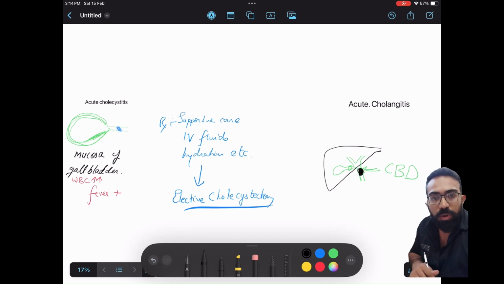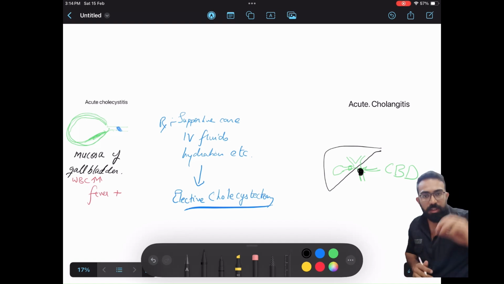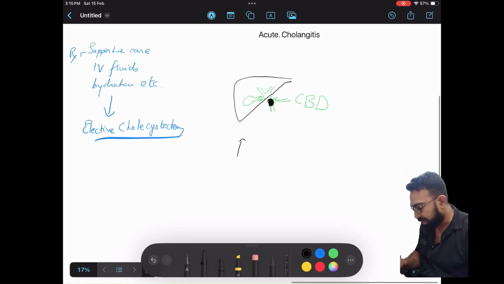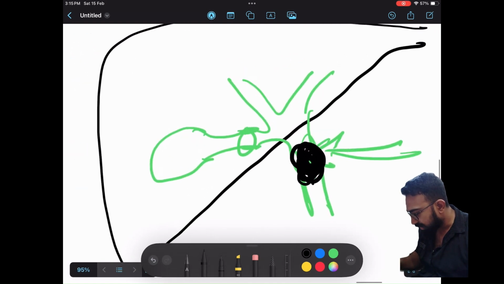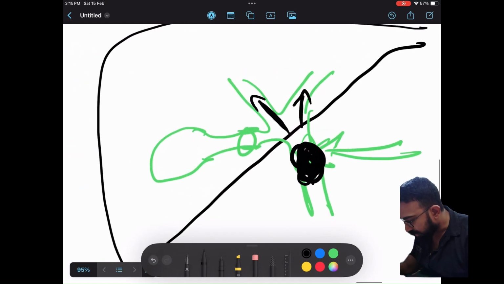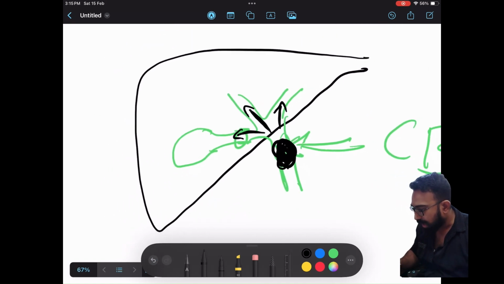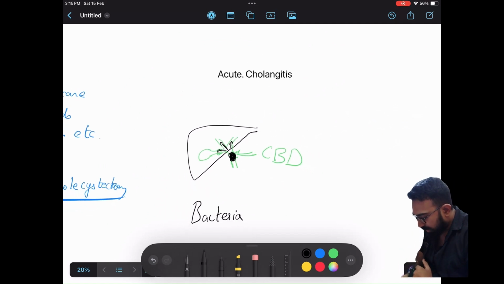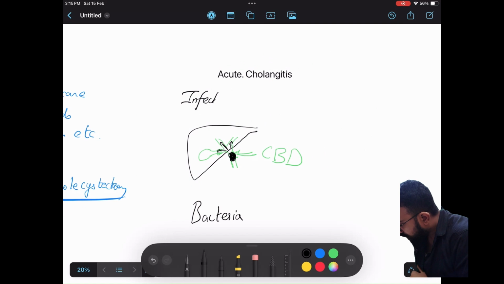Whenever there is obstruction of the common bile duct, there is a pathway, an opportunity, for bacteria to invade up and cause infection of the biliary tree.